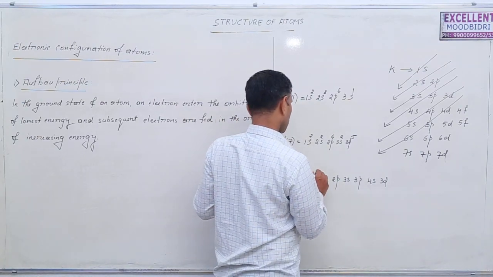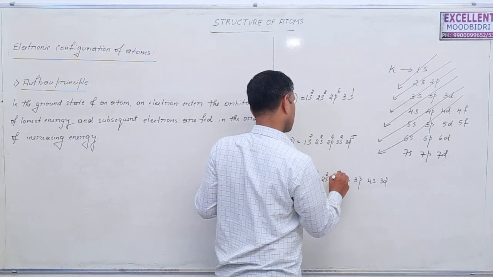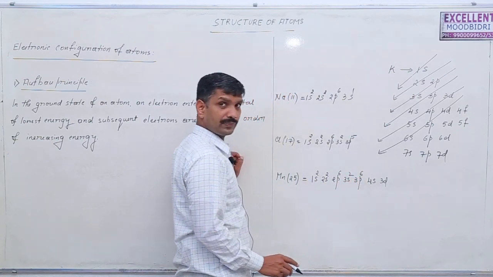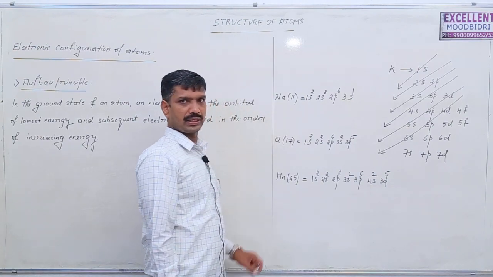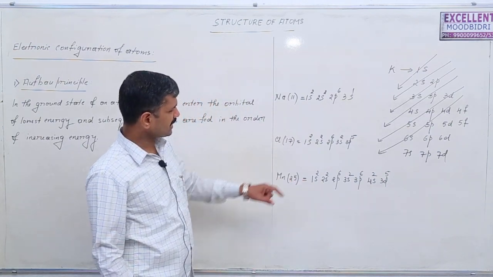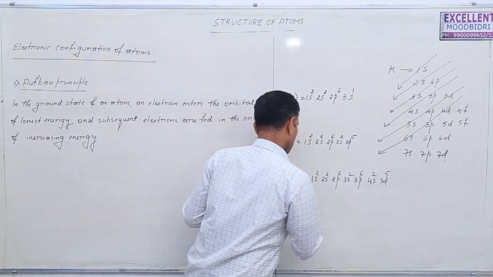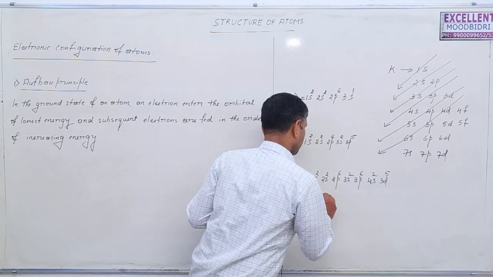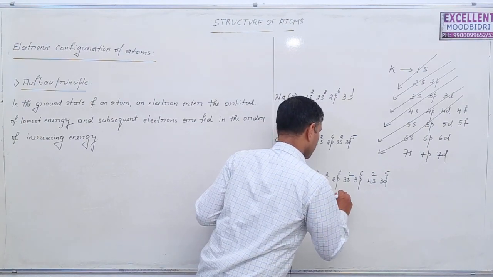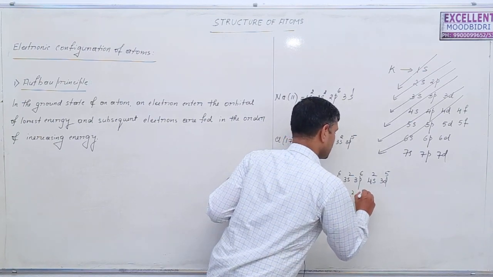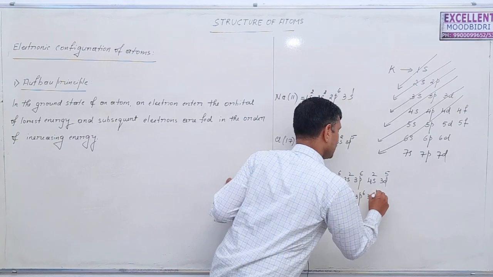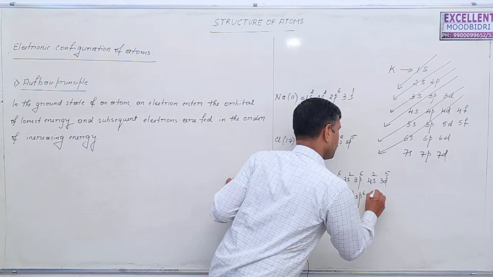So 2, 2, 6, 2, 6, then 2, then 5, total 25 is correct. While writing this configuration, we can write it as 1s2, 2s2, 2p6, 3s2, 3p6, 3d5, 4s2.